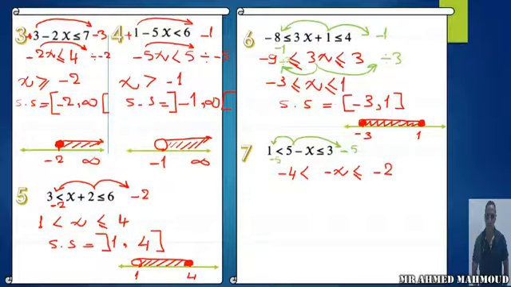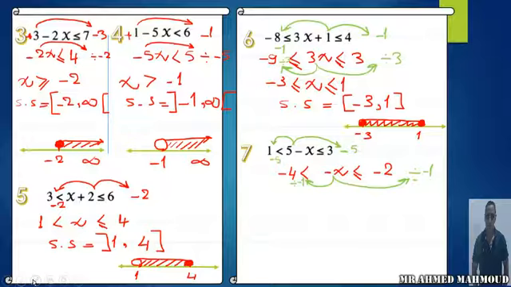Okay, here I have negative x, as much as negative 1. Then I'm going to divide the two sides by negative 1. Here I will divide by negative 1, and here also divided by negative 1.